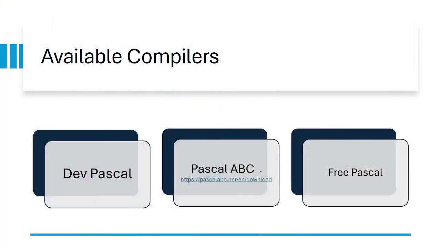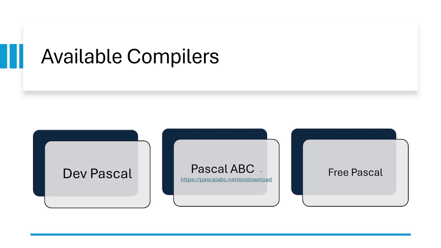And here I just listed 3 Pascal compilers, 3 of the more common compilers that teachers may use with students. One is Dev Pascal. Dev has a line of programming languages that they support. So you can get Dev C, Dev C++, Dev Pascal, and so on. It's quite popular.